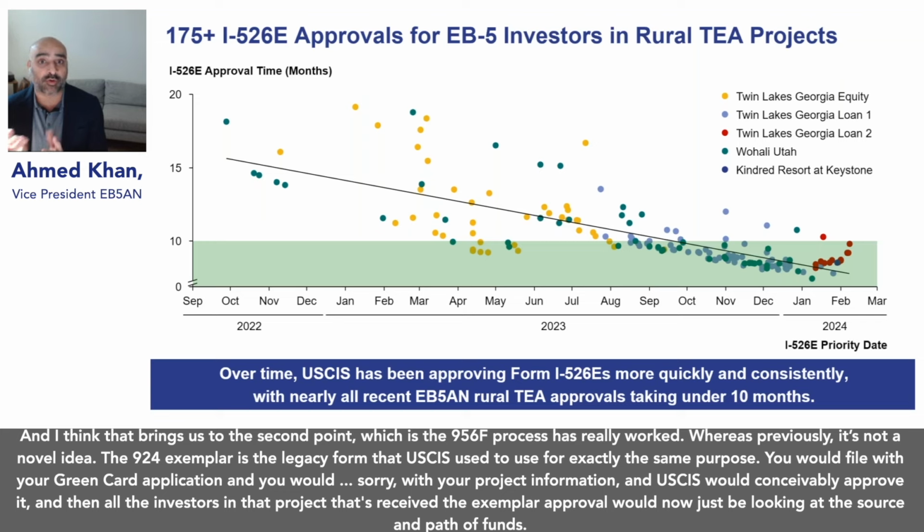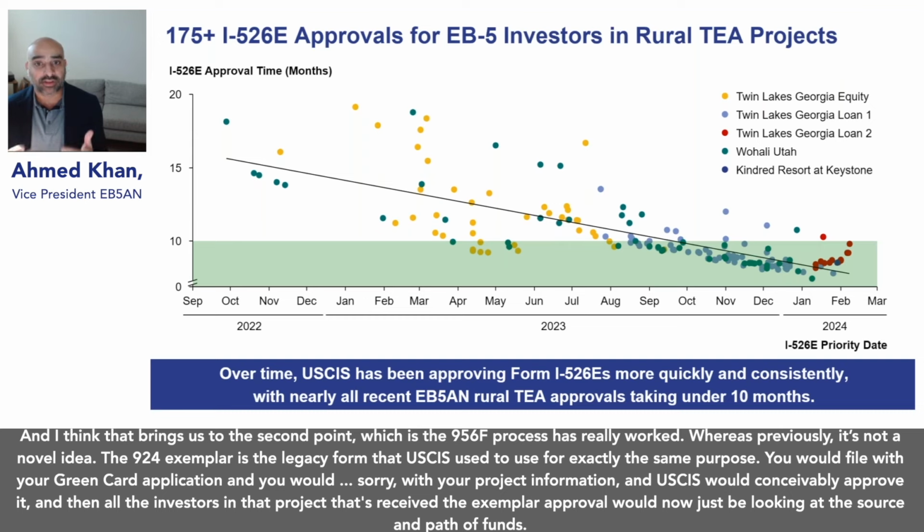And I think that brings us to the second point, which is the I-956F process has really worked. Previously, it's not a novel idea. The I-924 exemplar is the legacy form that USCIS used to use for exactly the same purpose.